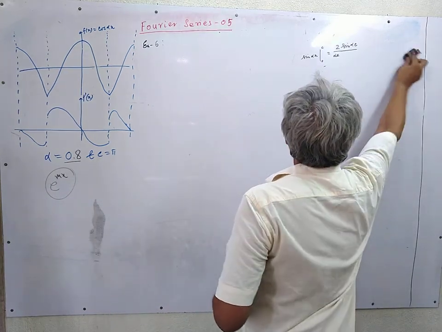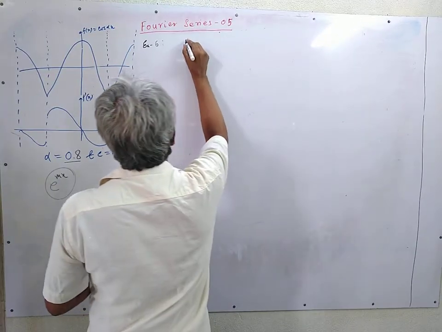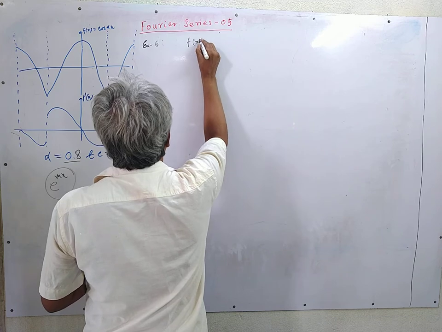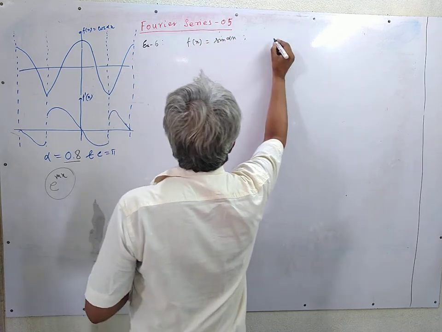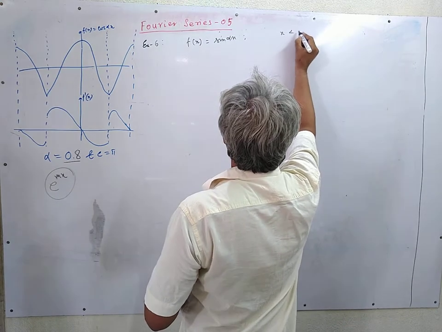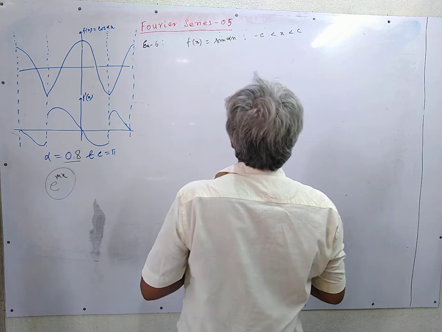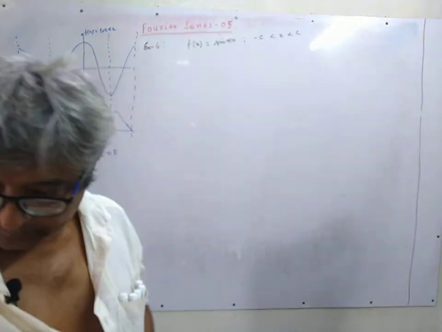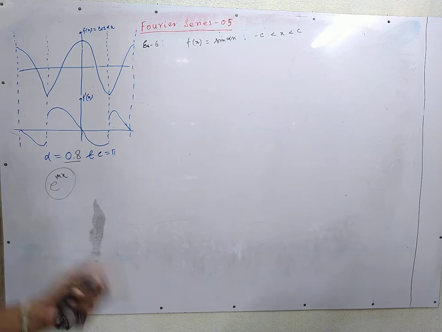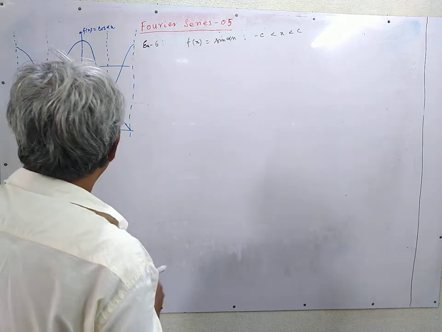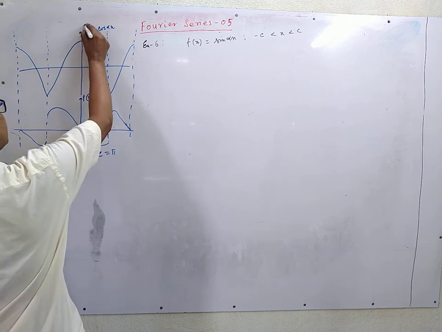So we consider f of x equal to sine of alpha x with x in a symmetric interval. In that case we see that the function has this form while its first derivative has this form.